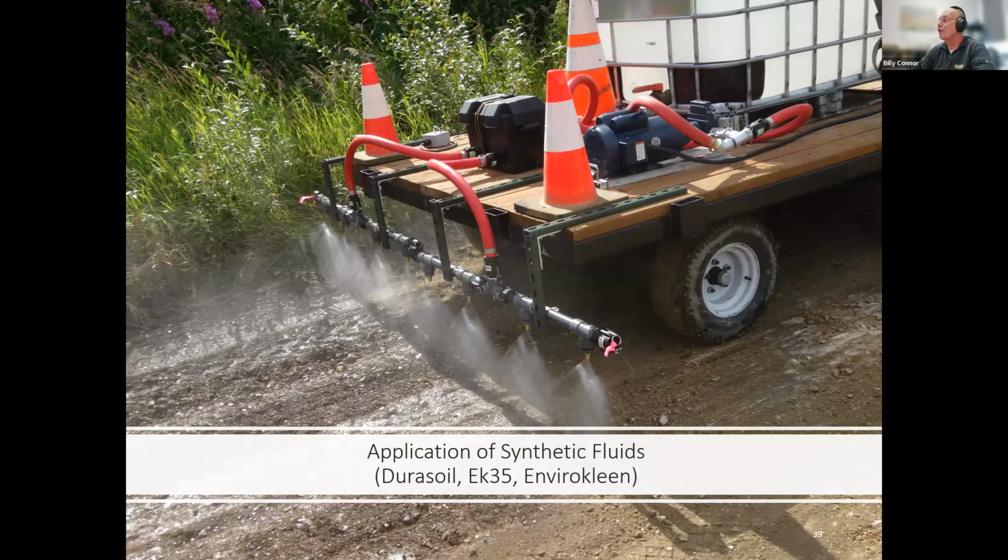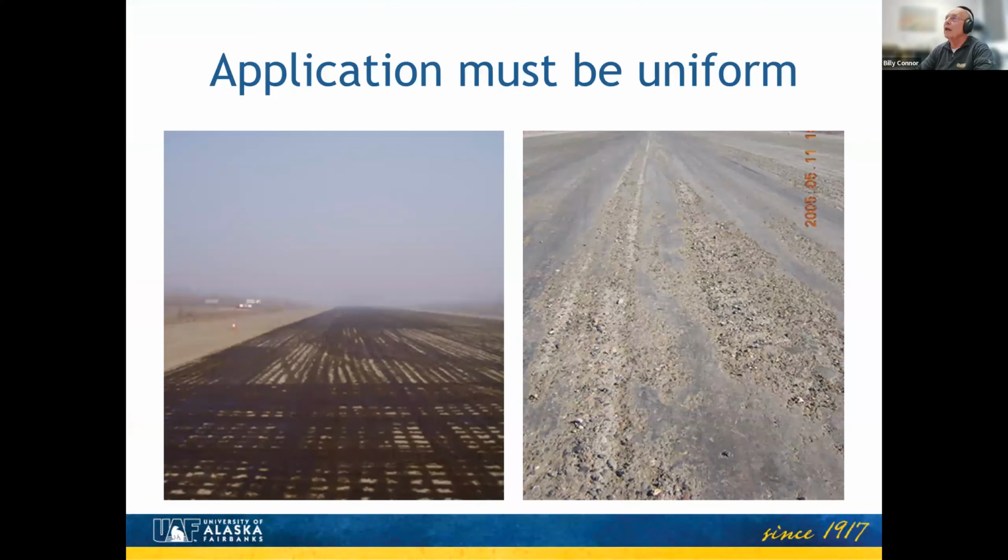There is a version of it, AK-35 EnviroClean. They add tall oil to it, so it comes out black. They claim that it makes it a little bit stickier and works a little bit better. In some cases it does, but in some cases it doesn't, depending on the soil type and your application. But Durasol, AK-35, EnviroClean are some examples of that type of material.